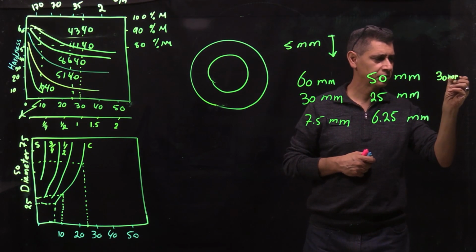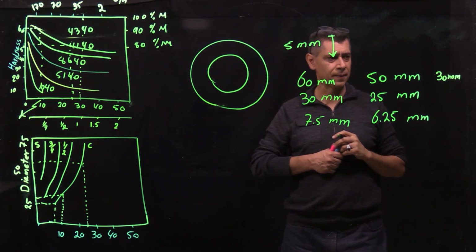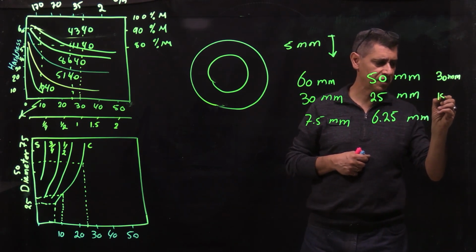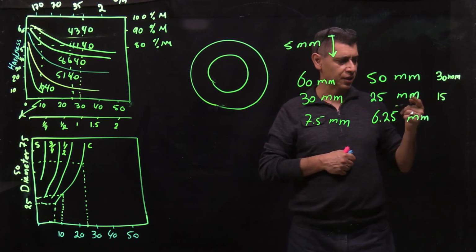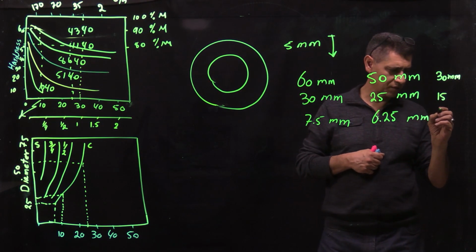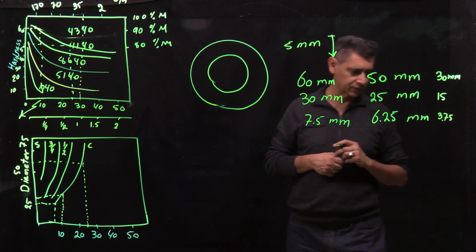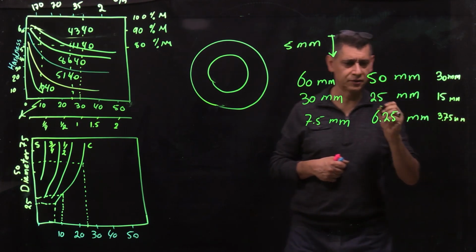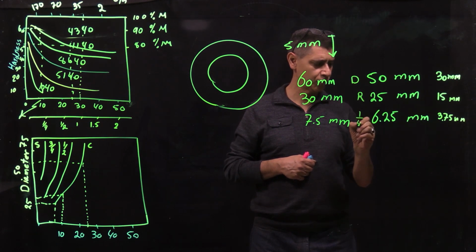Now the radius is 15, and divided by 4 it's going to be, I believe, 3.75 millimeter. So this is diameter, radius, and 1/4 of radius.